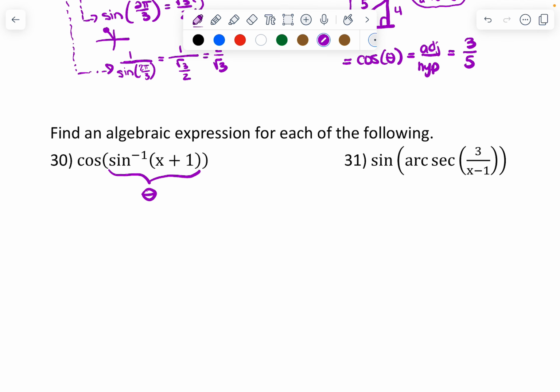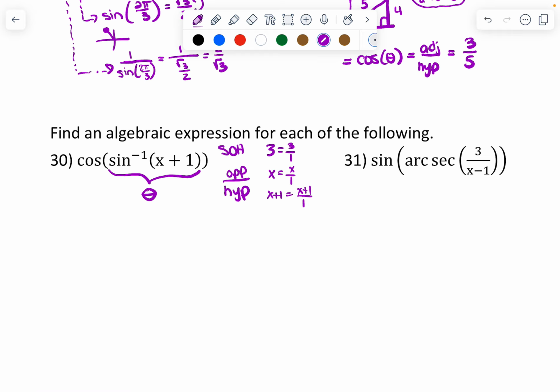So if we think about sine, we have opposite over hypotenuse. However, I do not see a ratio in my argument. But if I think of 3, that's equal to 3 over 1. If I think of x, that's equal to x over 1. If I have x plus 1, that is equal to x plus 1 over 1.